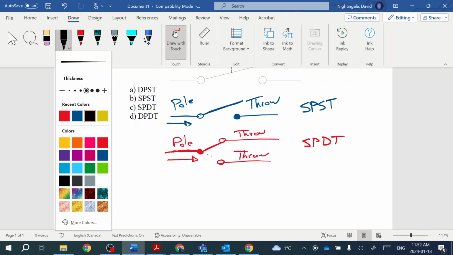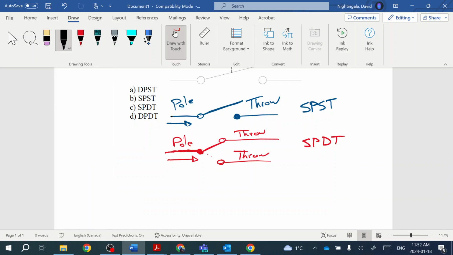Now we have a double pole, single throw switch, which is what we see above here. For a double pole, we now have two paths that current can flow through into the switch.